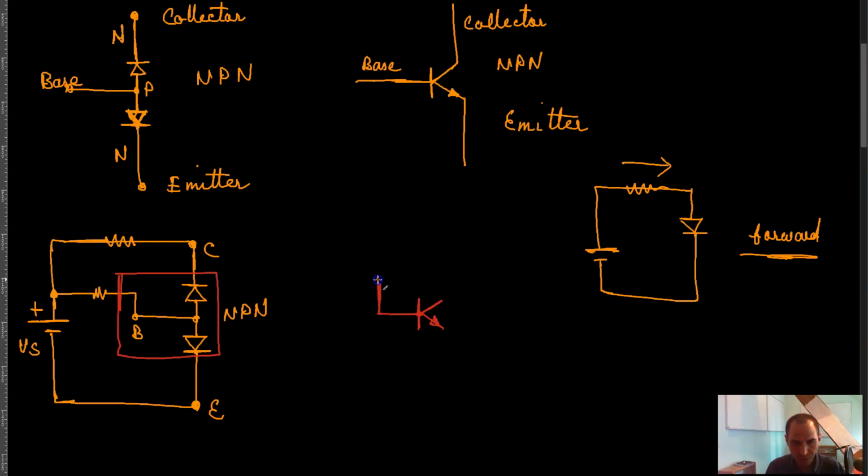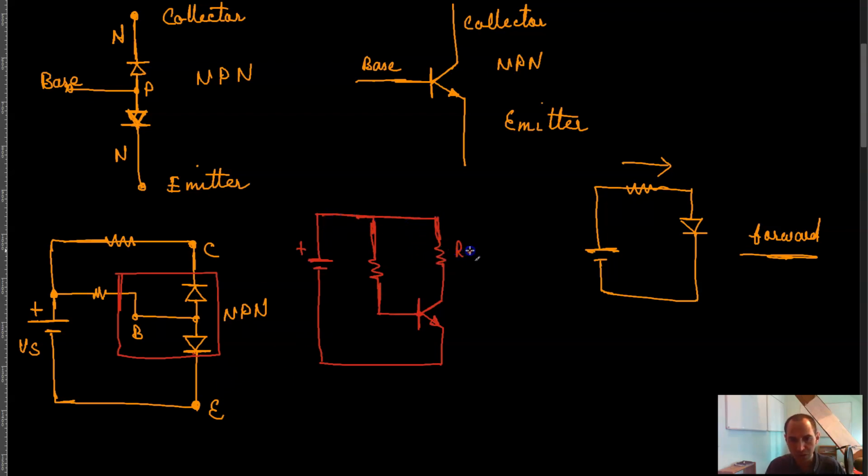I can put my power supply over here and connect the base to the positive supply. The negative of the supply goes to the emitter, so I connect the emitter to the negative supply, and the collector, through a resistor, I connect to the positive supply, right? So that is basically your transistor.